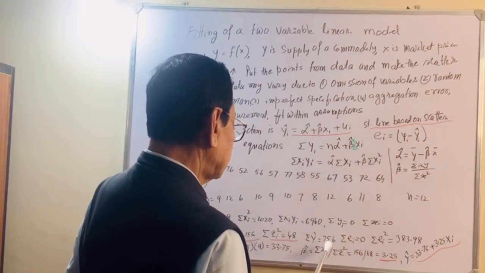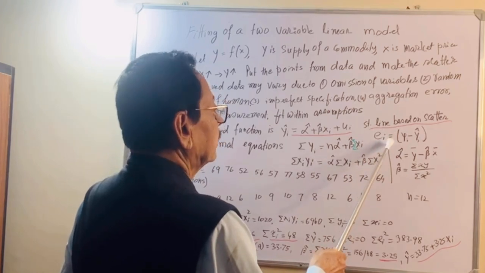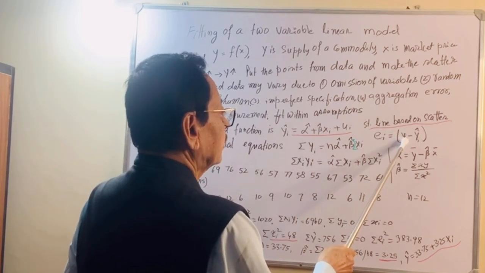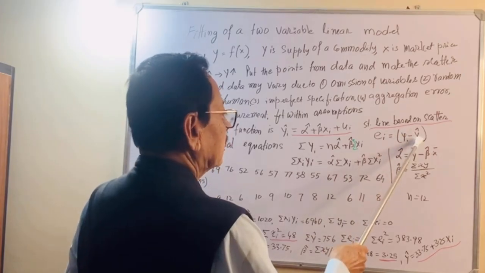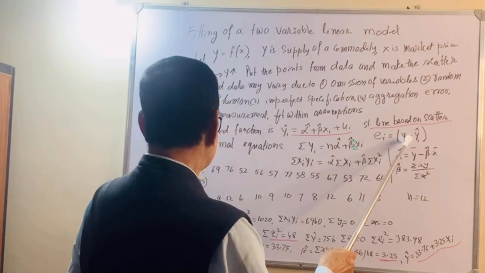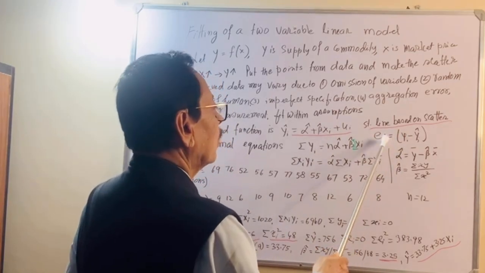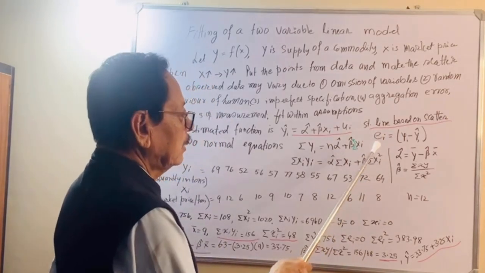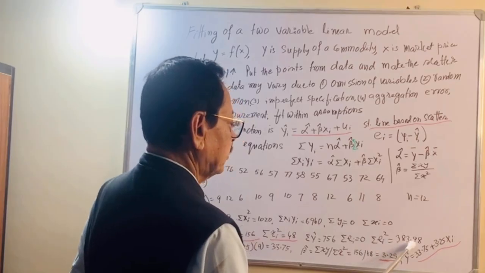Now, estimated y is this much. You subtract estimated y from the original level of y, and we will get e1 like that. We will get e1, e2, and so on up to e12, and sum of this is this much.